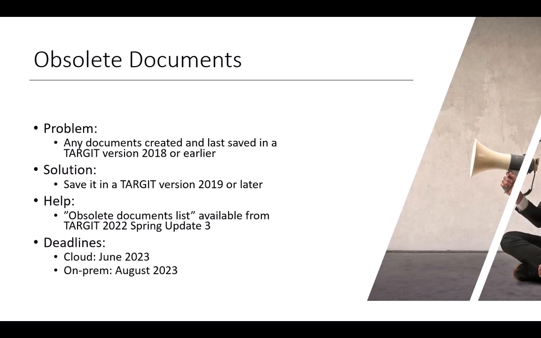And when should you do this? Well, preferably as soon as possible. But if your Target solution is a Target Cloud solution, you should do it before June 2023. If your Target solution is an on-prem solution, you should do it before you upgrade to the August 2023 release.